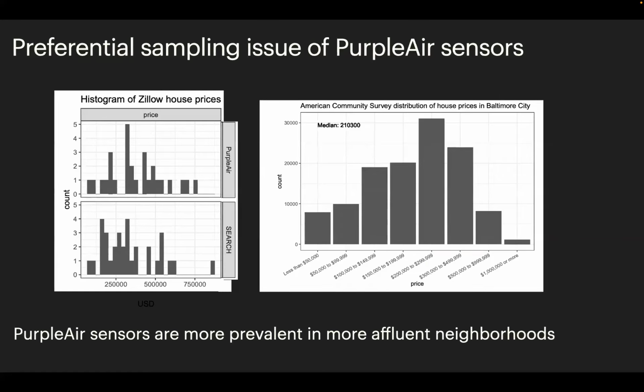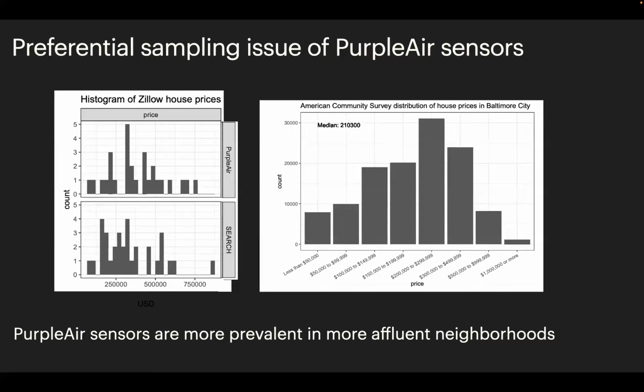You can see that Zillow for Purple Air has a very thick right tail, with a lot of Purple Airs in very expensive houses, especially compared to the median house price in Baltimore, which is around 210,000. SEARCH also has some of it, but it's much less than Purple Air.